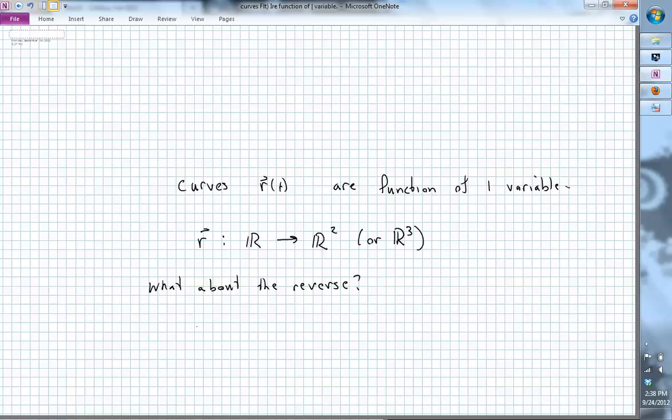So I want to think about a function f that goes from R2 into R, and I'll put parenthetically or R3. But mostly we're going to focus on the situation where you plug in 2 numbers and you get out a number. So it turns this function kind of on its head.